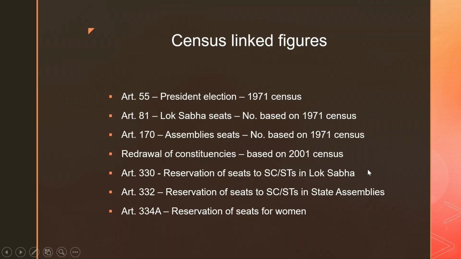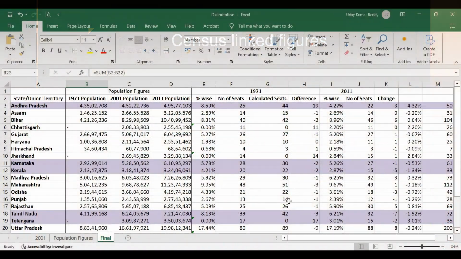The recent introduction of reservation for women in the Lok Sabha seats and state assemblies through the 106th Amendment Act of the Constitution of India is also contingent upon the completion of the delimitation exercise based on the post 2026 census data. So, the population is the key figure in the delimitation exercise.